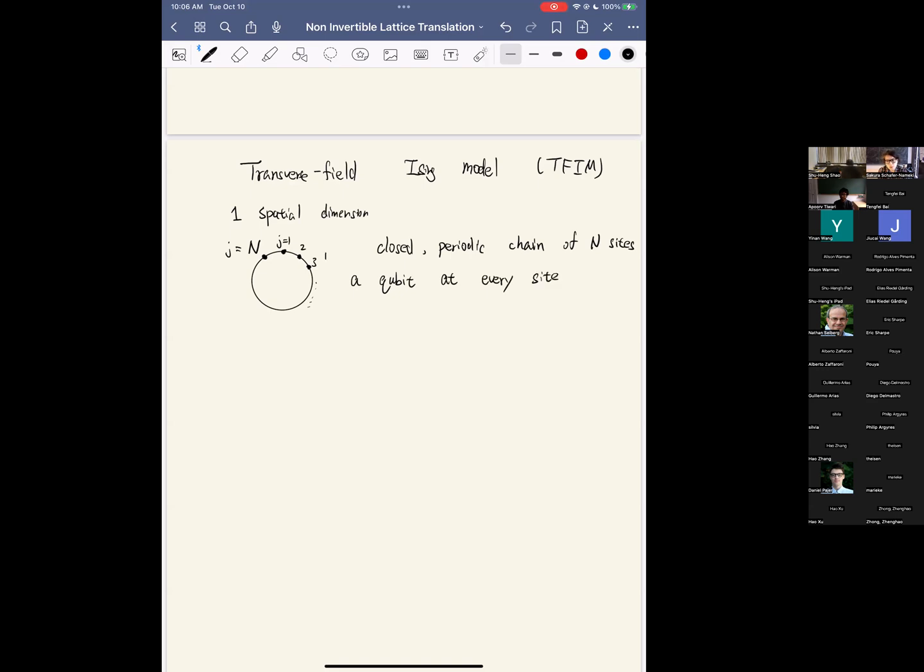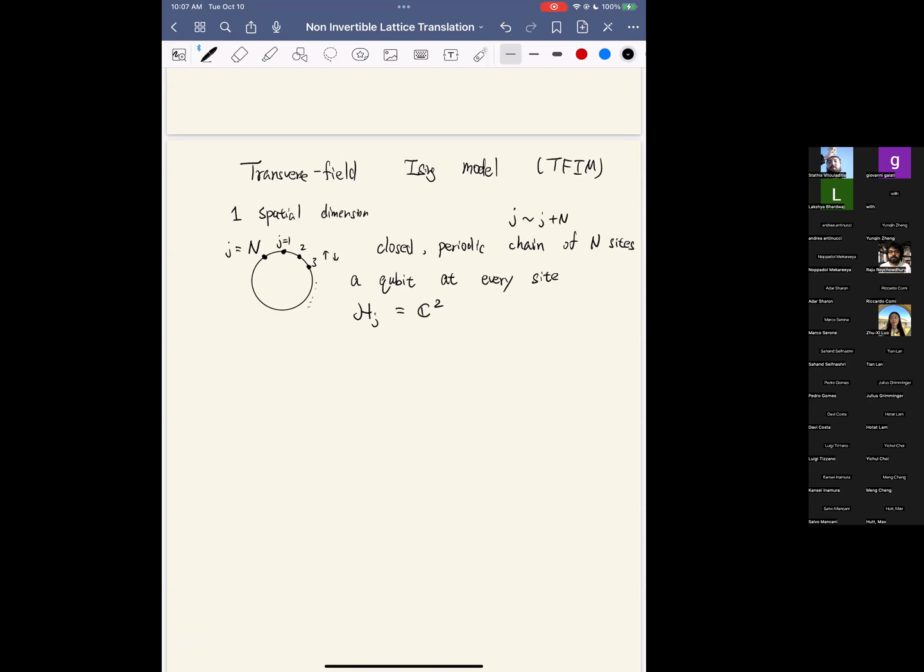So at every site, we have a spin up, spin down, and the Hilbert space is just C^2 for each j. And since I'm on a closed periodic chain, the index j throughout the talk will always be identified with j plus n. I'm using the convention that a tilde sign means identification.